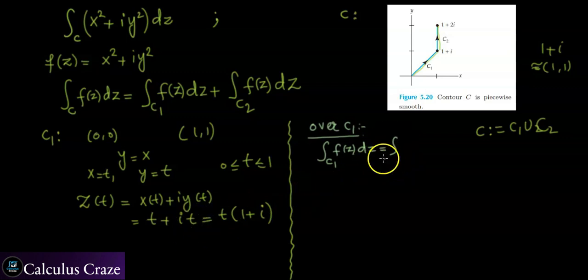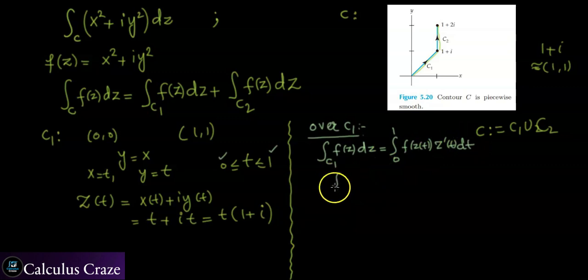In our case, a is 0 and b is 1, and t is the parameterization variable. So the integral from 0 to 1 of f of z of t times z prime of t dt, right?